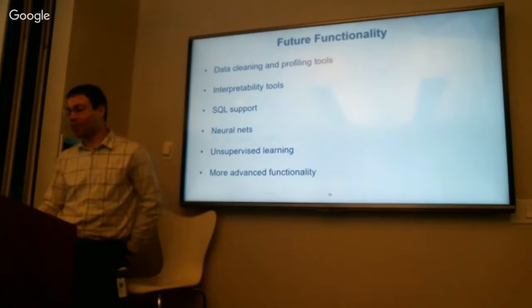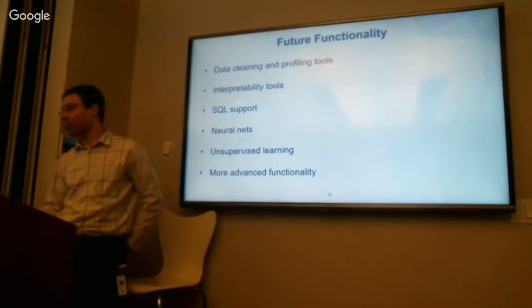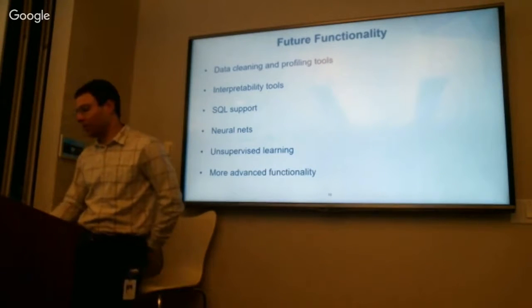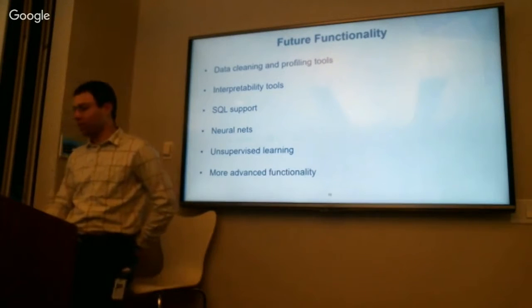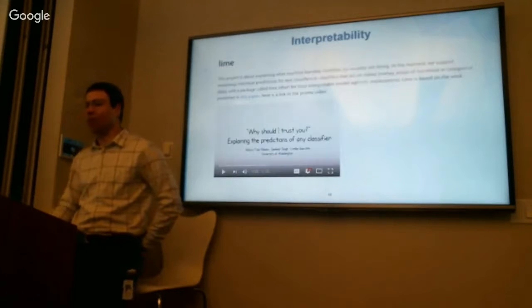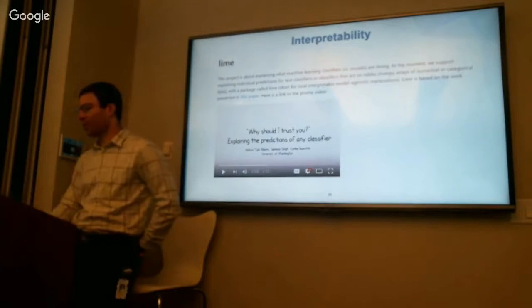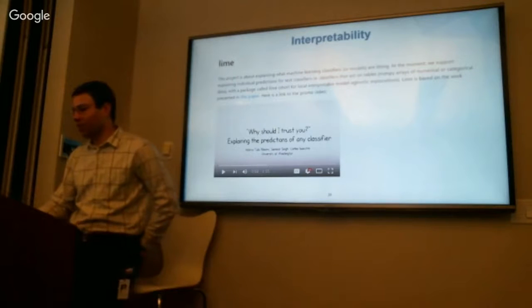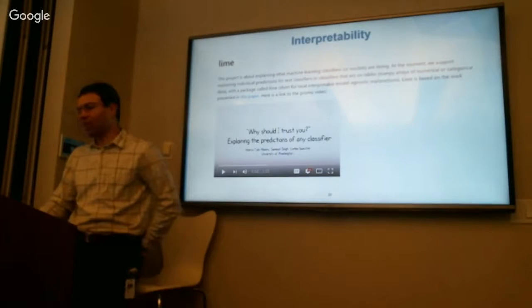We want to add more SQL support, not just Microsoft SQL Server, because that's all we support right now. Again, neural networks, unsupervised learning, and more customizable advanced functionality. One thing I wanted to point out with interpretability is this package called LIME.